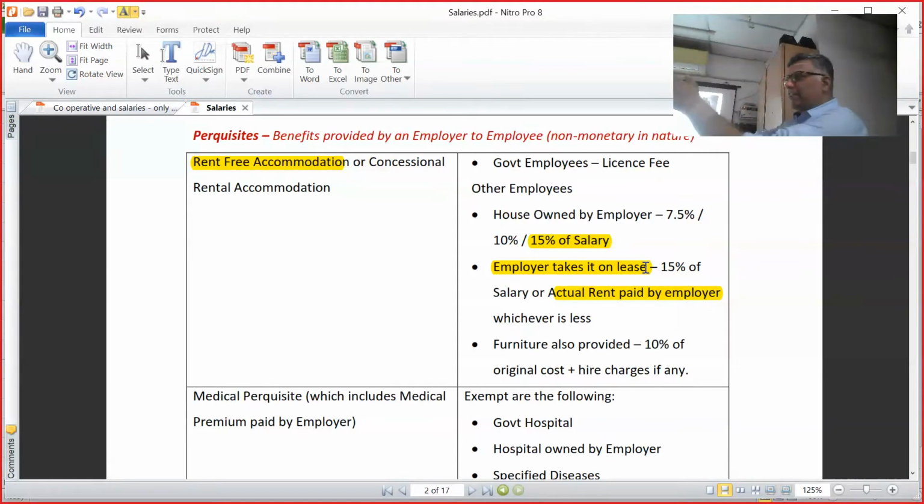So take a house with rent of 40,000 that I am providing to my employee. 15% of salary or 40,000 into 12, that is 4,80,000, whichever is less. The employer has paid a rental advance, 10 months rental advance, 4 lakhs he has paid. The assessing officer said this is also an employee benefit, interest is taxable. Is the assessing officer correct?